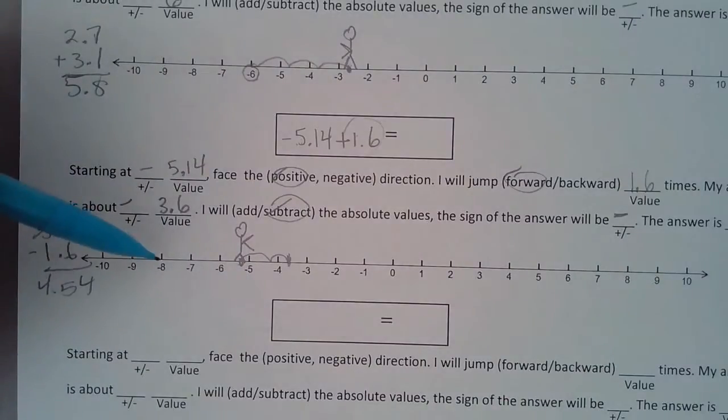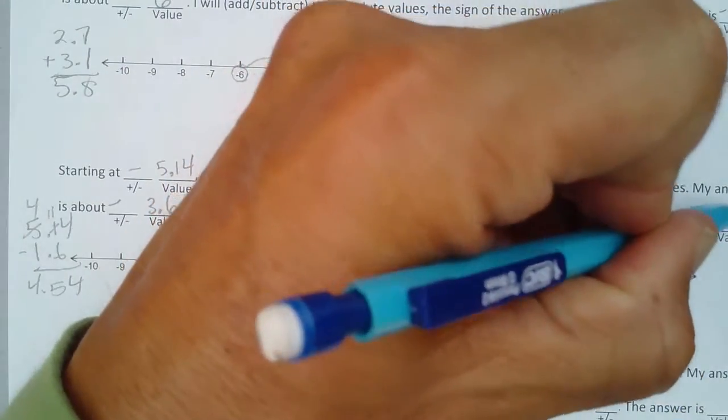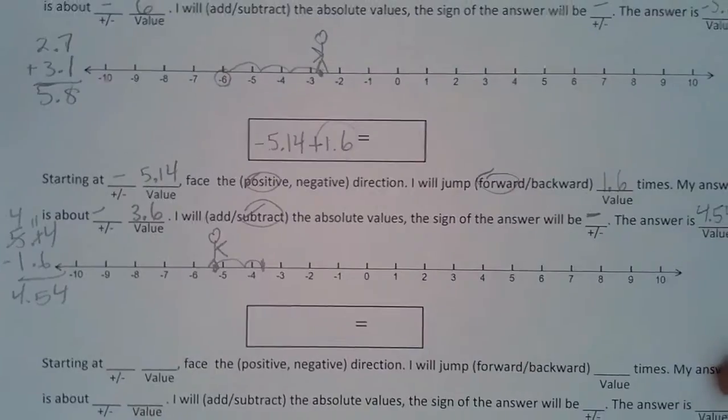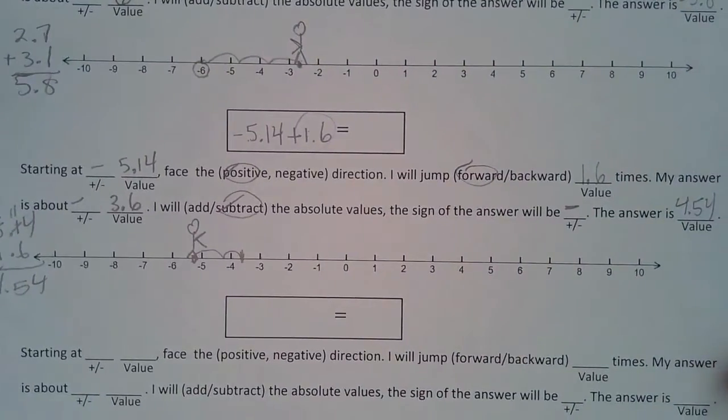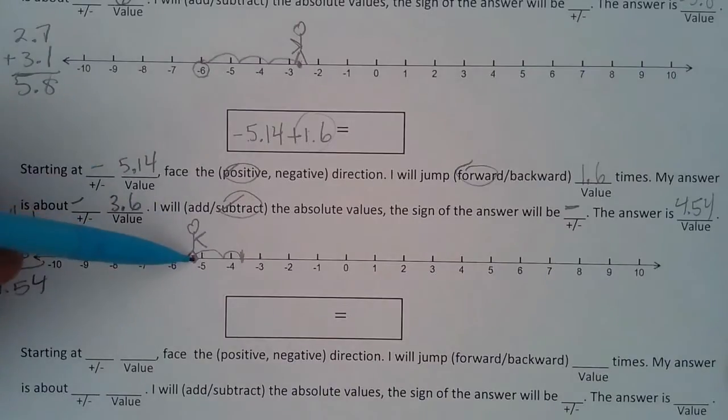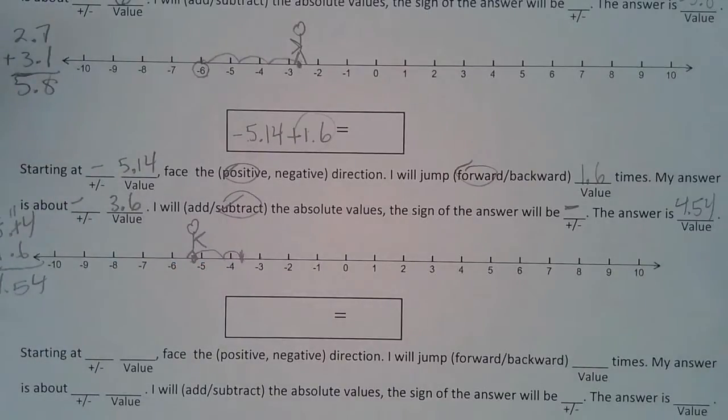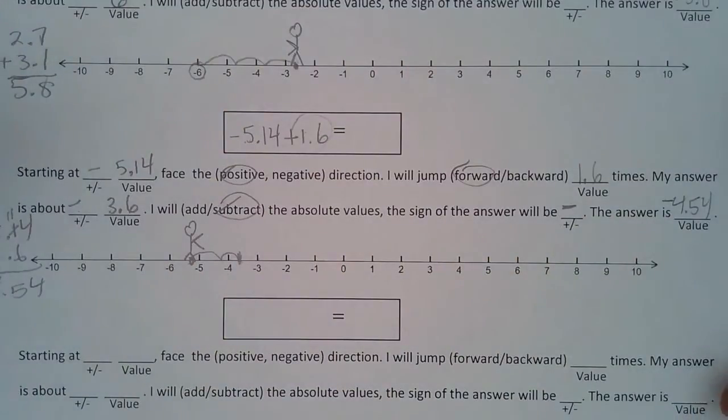And 4.54. That does not look like it matches my answer. So here's my estimation, negative 3.6, 5.14, and then 1, and then a half. So this is perfect. Let's see what I did wrong here.